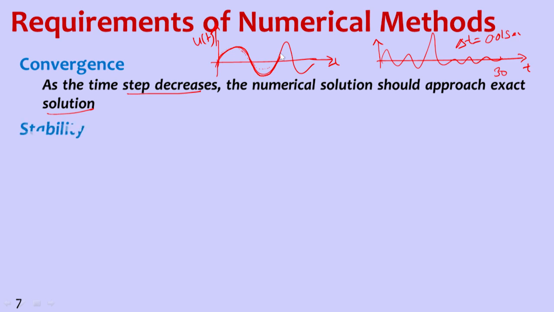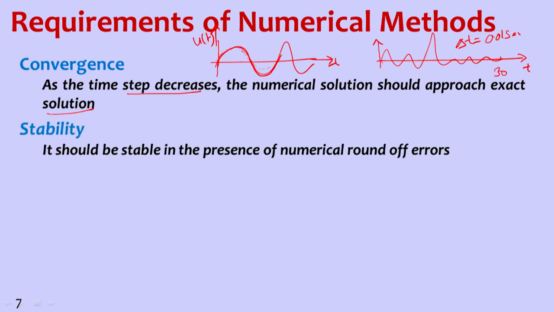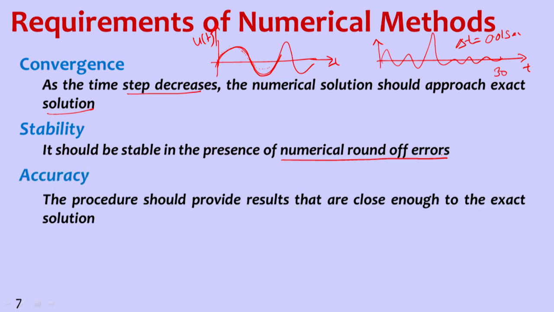Then the second one is stability. Stability means the solution should be stable in the presence of numerical round-off errors. These errors will occur, but the solution should be stable enough and near to the accurate one. Then the third one is accuracy: the procedure should provide results close enough to the exact solution.